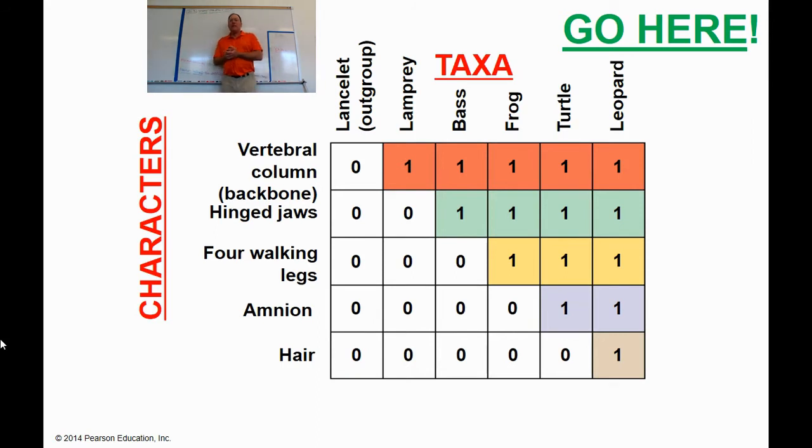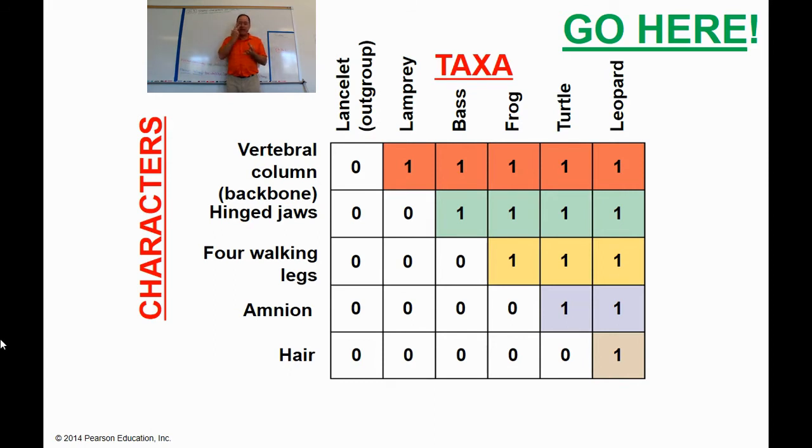Well, what we see there is if you start at the top, you'll see that the lancelet, which is this kind of weird worm-looking thing that lives in the water, is going to be different than all the other things that are kind of downstream evolutionarily from it. It doesn't seem to have any of the characteristics that are in the y-axis here: the vertebral column, the hinged jaw, the four walking legs, the amnion.